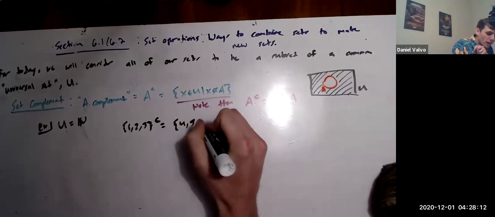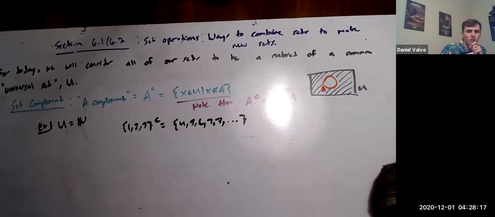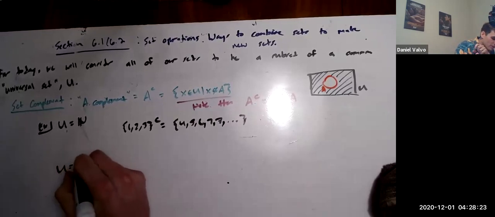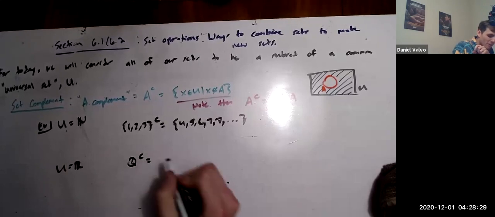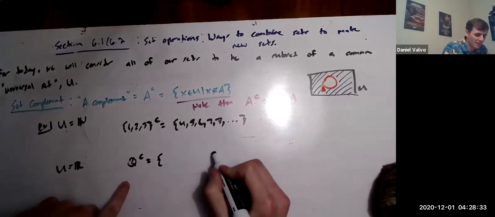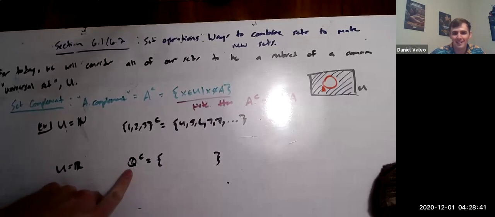So that'd be 4, 5, 6, 7, 8, on and on like that. But if U was the real numbers, and we're looking at Q complement, what would this be? What's the name for Q complement? How would you describe elements of this set?